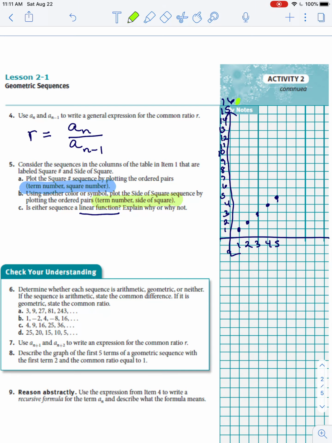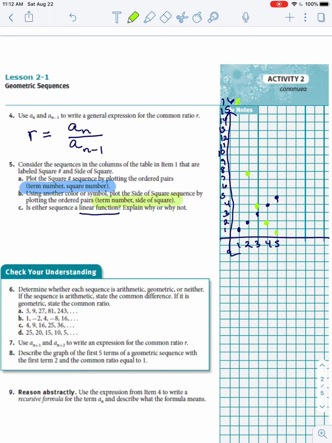Term number 2 divided by 2 was 8, so that one is right here. Not looking very linear. Term 3, divided again by 2, got us 4. So I'm not seeing a common difference this time. Term 4 divided by 2 again gave us 2, and then one more divided by 2 for term 5 gave us 1.